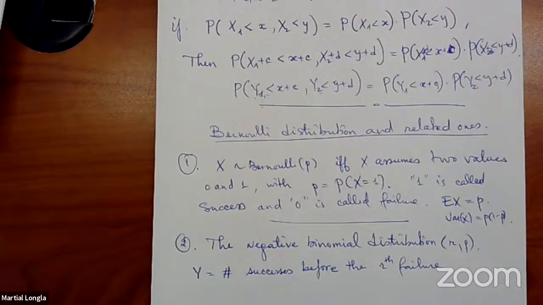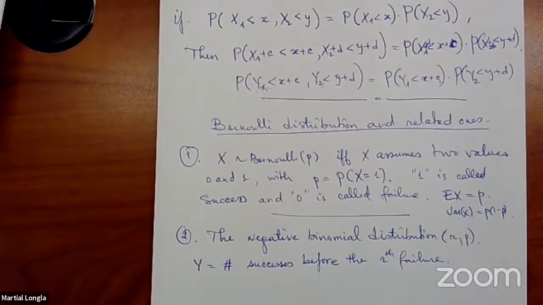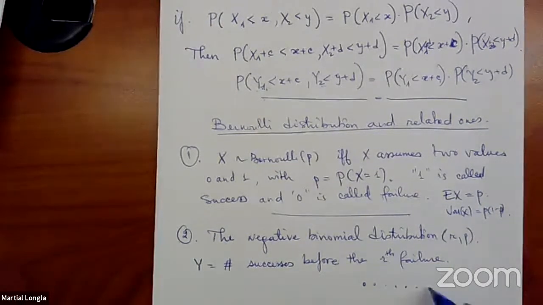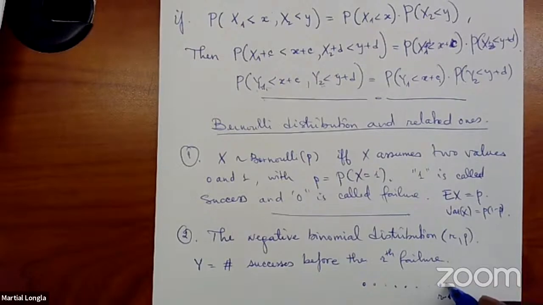So how do we find the distribution of such a random variable? How do we understand the form? You start rolling 1, 2, 3, 4, 5, continue until you reach R minus 1 failures somewhere there, and you continue rolling.